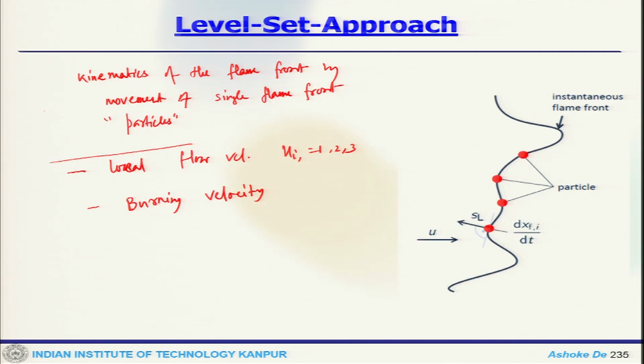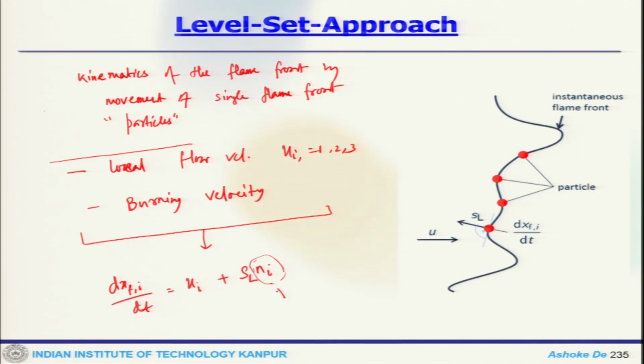This is called the level set approach, where you try to capture the propagating flame front and model it. The local velocity leads to the kinematic equation of the flame front, dx_i by dt equals ui plus SL Ni, where Ni is the normal vector.